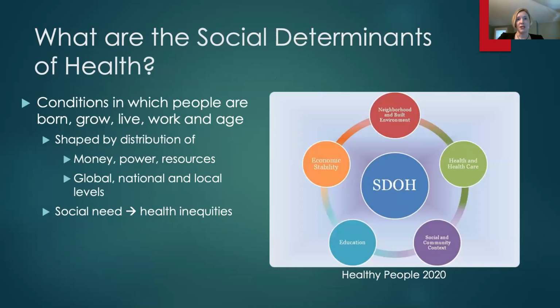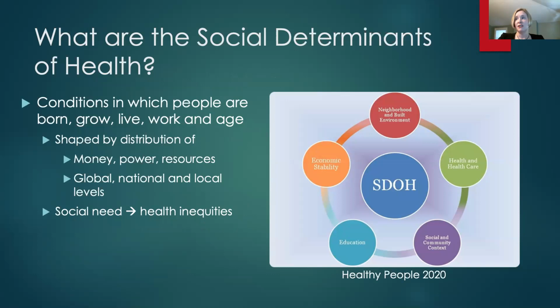The social determinants of health are defined as the conditions in which people are born, grow, live, work, and age. They are shaped by the distribution of money, power, and resources at the global, national, and local levels. And when we talk about social needs, we are talking about circumstances in which the social determinants of health lead to health inequities.